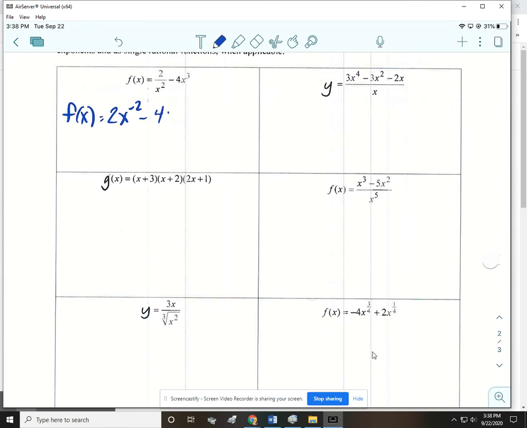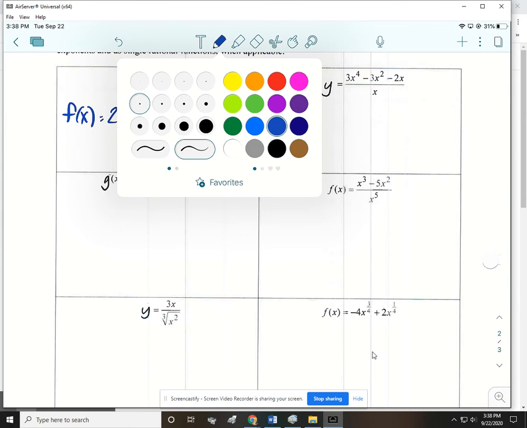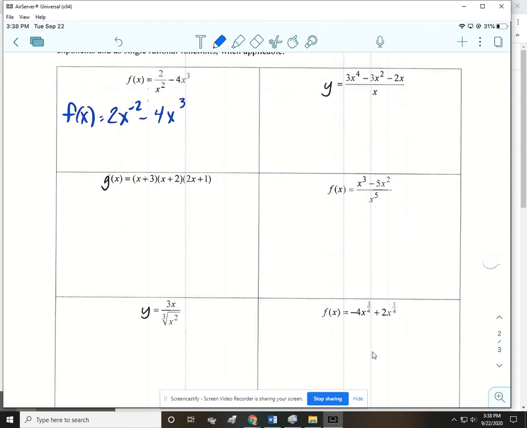And then we leave minus 4x cubed. Okay, so sometimes on these, you're going to have to first rewrite it in another way. Then we can find the derivative by using the power rule. So we would multiply negative 2 times 2, and then take 1 away from negative 2, which would be negative 3. Multiply 3 times negative 4, and then take 1 away.